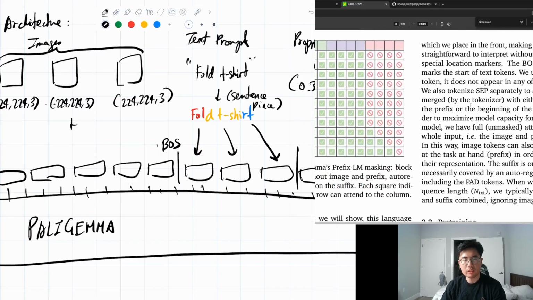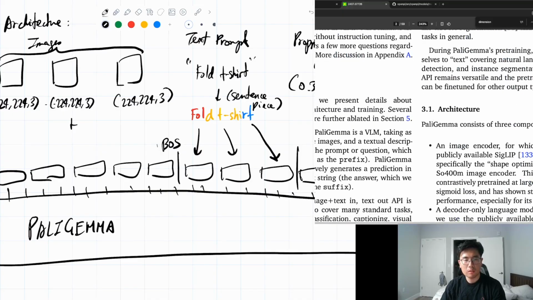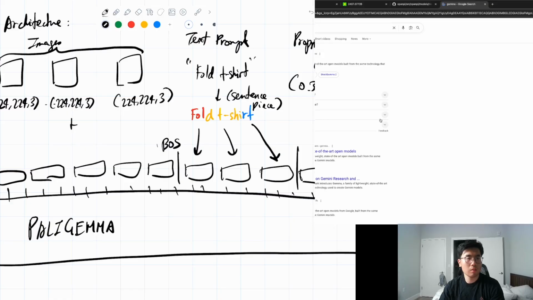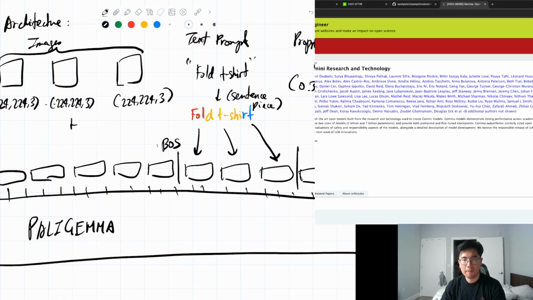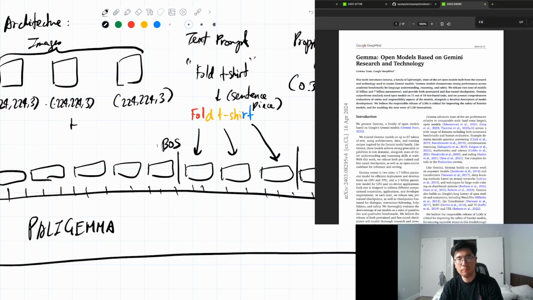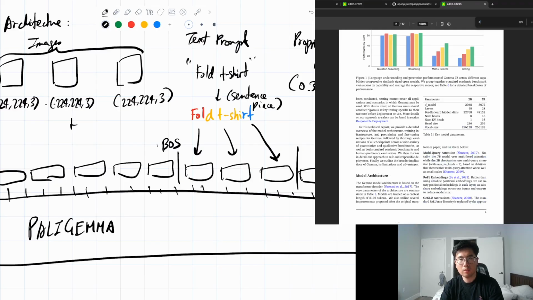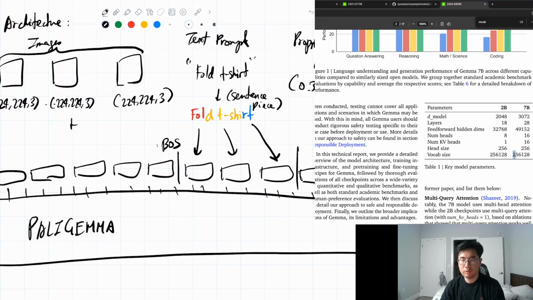I think it's a Gemma. Gemma has a 2 billion vocabulary. The vocab size is 256,000.